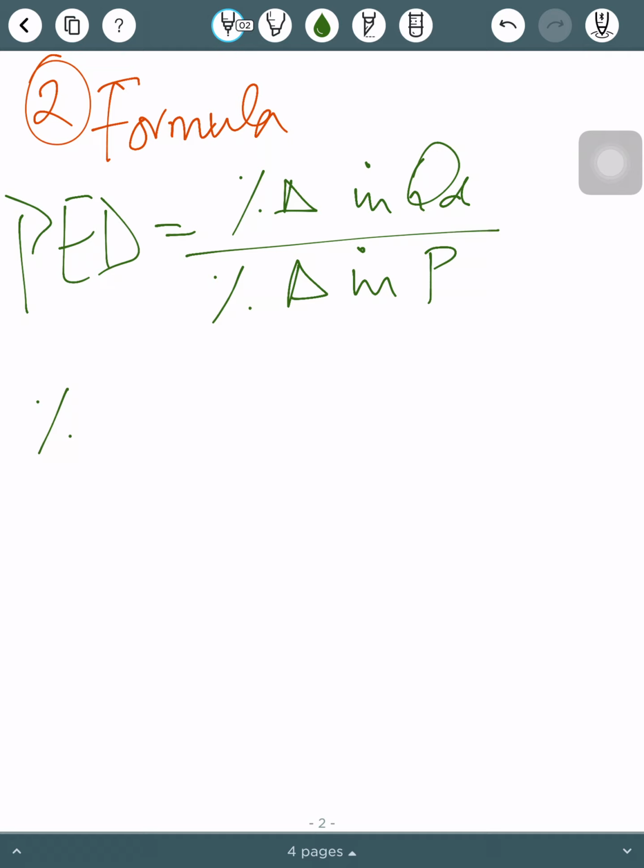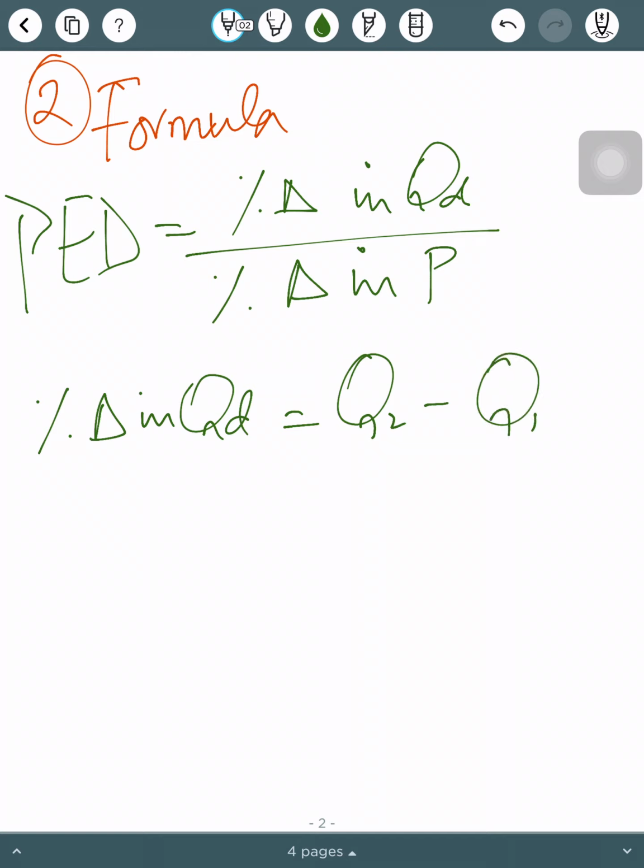For example, how is the percentage change in quantity demanded calculated? It's Q2, the quantity demanded after the price change, minus Q1, that gives you the difference, divided by the original or initial quantity, multiplied by 100. Simple formula for calculating percentage change, class 6 or 7 maths.